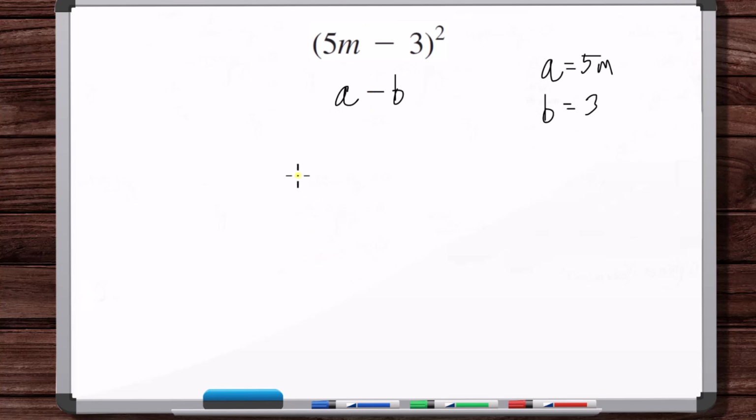So that is a squared minus 2 times a times b. So 2 times 5 times 3, 2 times a times b, and then plus b squared. And there we go.